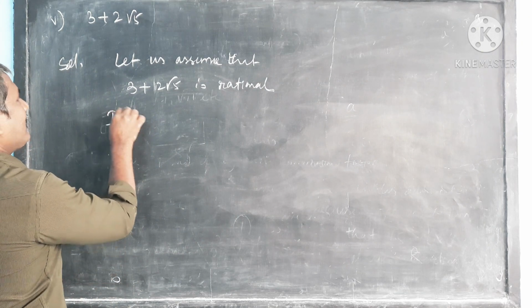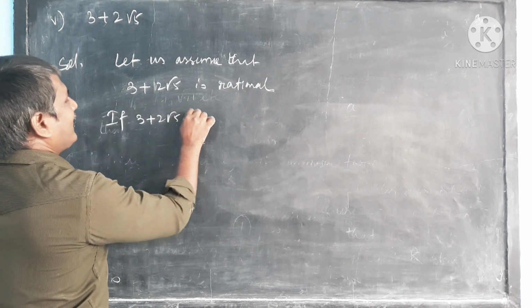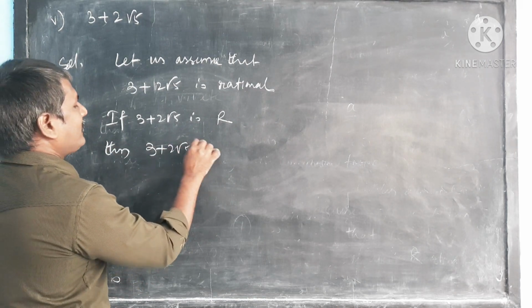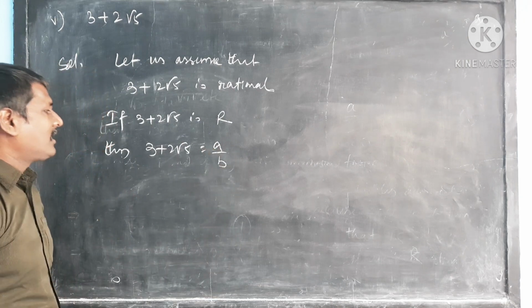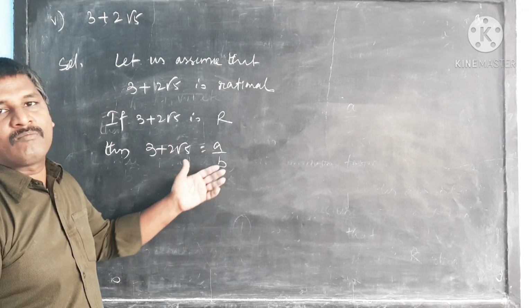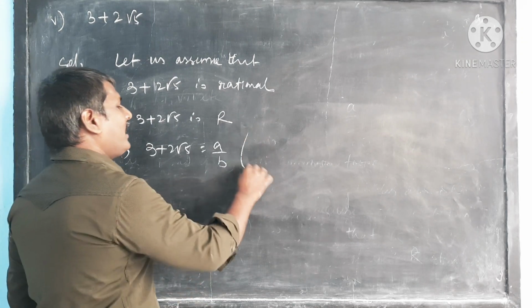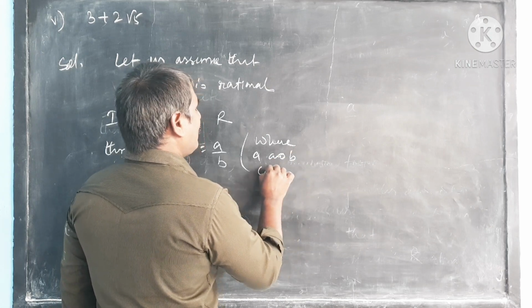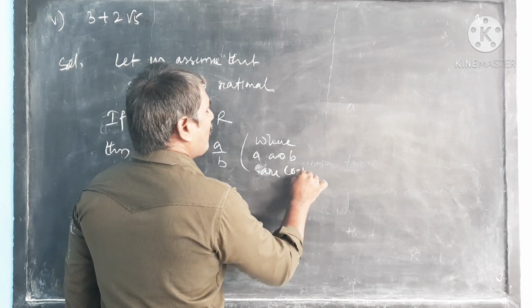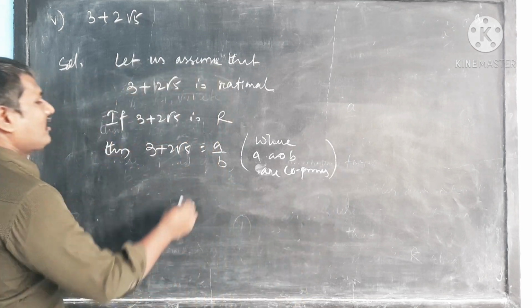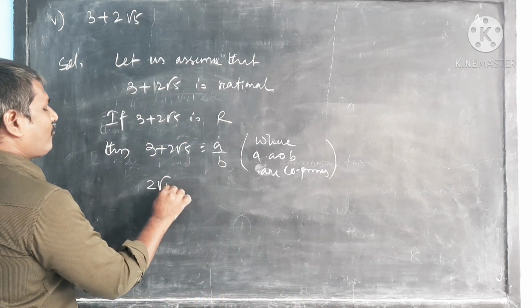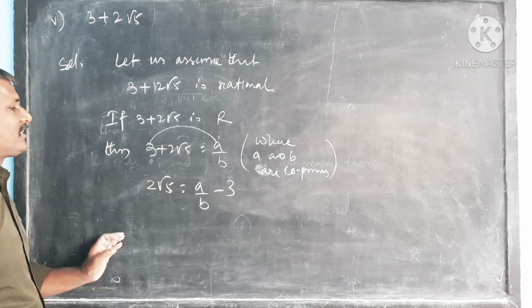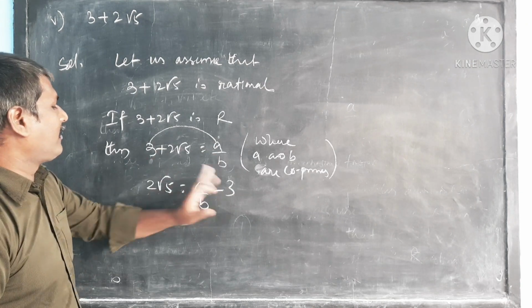If 3 plus 2 root 5 is rational, then 3 plus 2 root 5 is equal to a by b. As you discussed, any rational number is in the form of a by b or p by q, where a and b are co-primes. So you can write 2 root 5 is equal to a by b minus 3, because when 3 is transferred from left to right, it becomes minus 3.